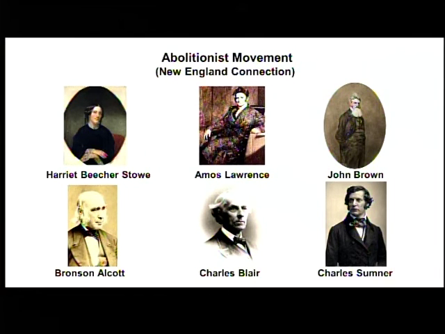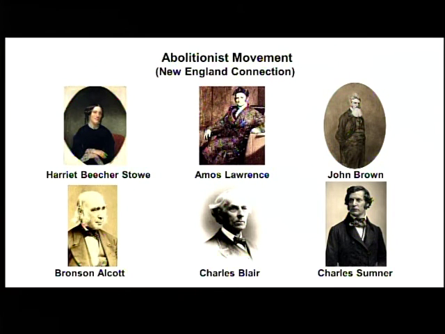His first house for 2 years was part of the Underground Railroad, and there's a monument there. His daughter, of course, was Louisa May Alcott, who wrote Little Women. There's a monument there to him as participating in the Underground Railroad.